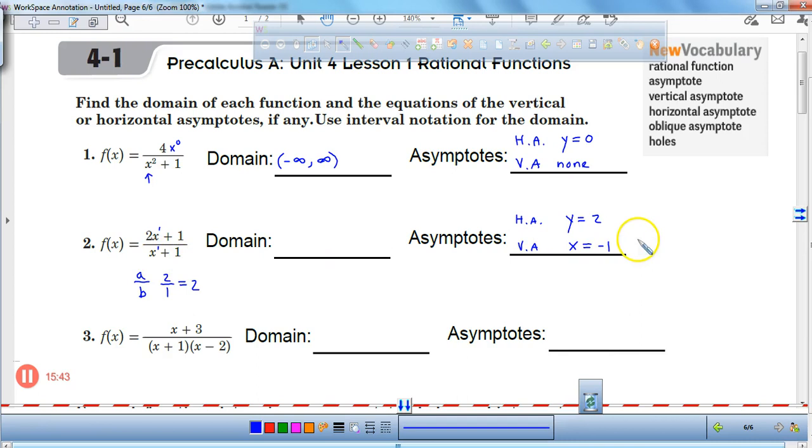So that's our vertical asymptote. All right, now our domain, we have a restriction here on our domain. All right, x cannot equal a negative 1. So what we're going to do is we're going to say it goes from negative infinity all the way to negative 1. We're going to union that, okay, union with negative 1 to infinity. All right. So what would that look like?